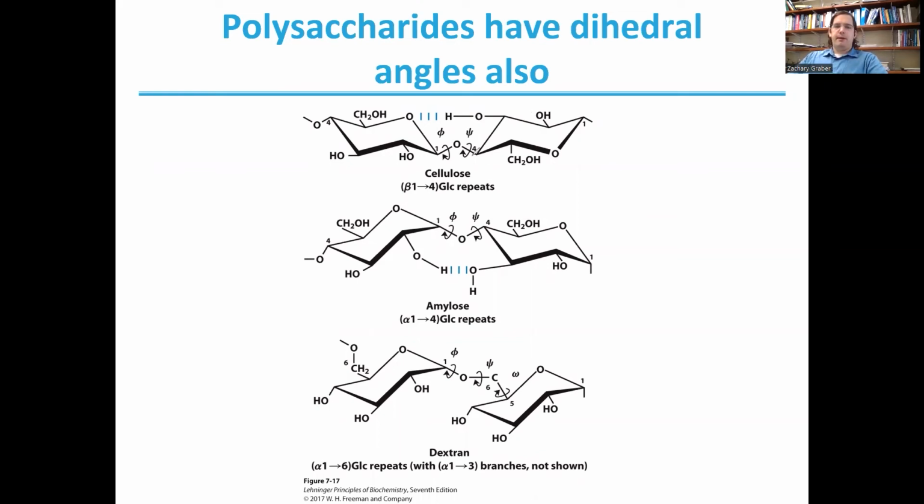When we're looking at our polysaccharides, we also have dihedral angles that we want to consider, just like our proteins. We can essentially have a phi and psi angle on either side of our glycosidic bond that will determine the overall shape of our sugar polysaccharide.